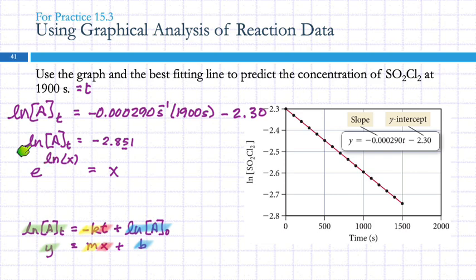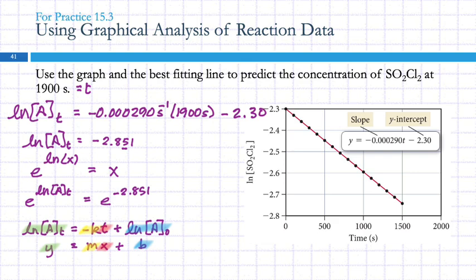So to get rid of this natural log, we're going to take e to the power of each side. So e to the natural log of A is equal to e to the negative 2.851. Everybody okay with that?